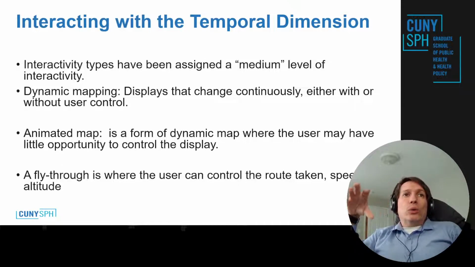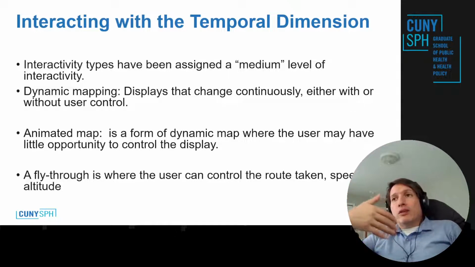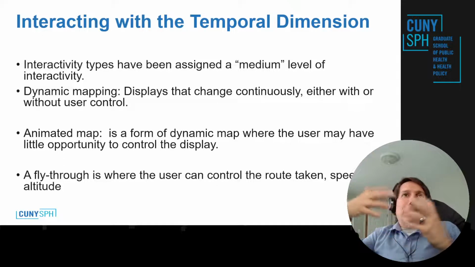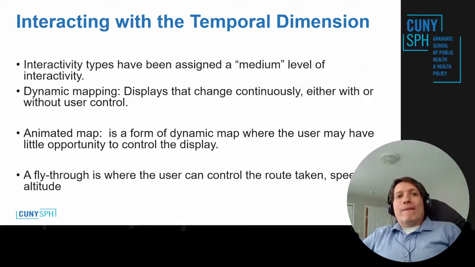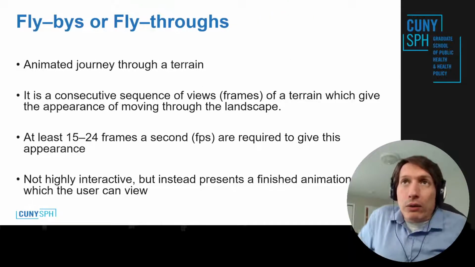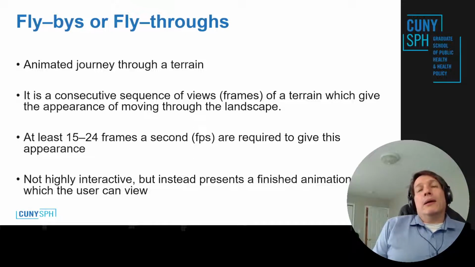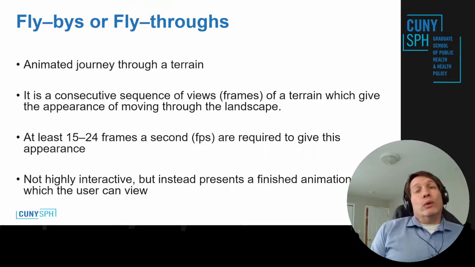And a fly-through is one special condition where we can control the route or the speed or the altitude or any of these references on space-time. And we can control the space position, and then it's related with the camera point of view, or we can control the temporal dimension and just locate ourselves at a different point of view of the data.